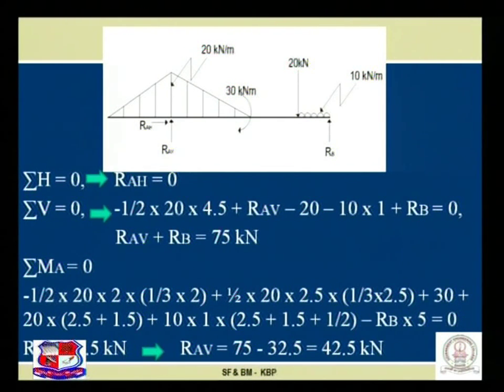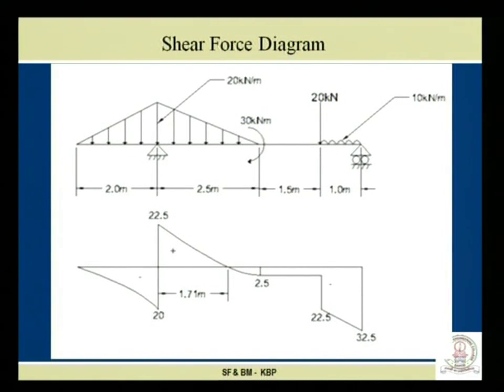So using these 3 equilibrium conditions, we can easily find out the reactions. Also in the previous lecture, we have drawn the bending moment diagram and the shear force diagram. Let us understand this diagram carefully.